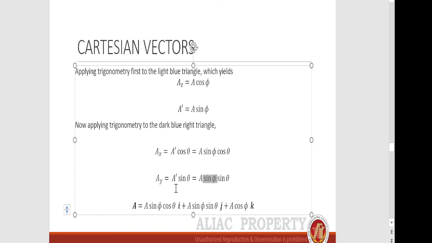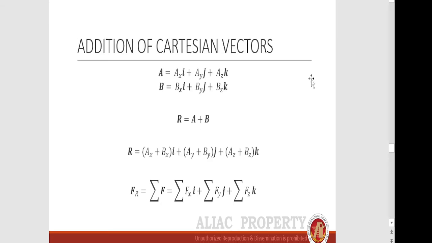So once you get that, we have vector A equals to the unit vectors again, Cartesian form: A sin phi cos theta i, coming from here, A sin phi sin theta j, coming from here, then A cos phi k, coming from AZ. Then addition of Cartesian vectors again: AXi plus AYj plus AZk, B equals BXi plus BYj plus BZk.